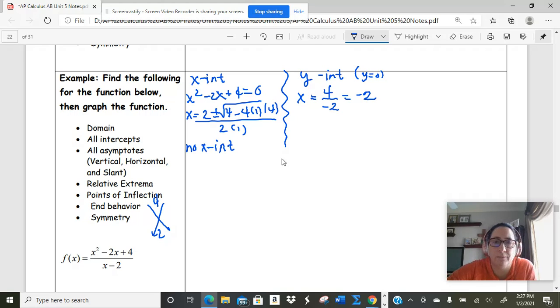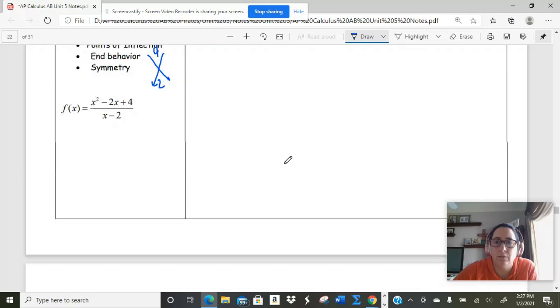Or sorry, I don't know why I just did that. X to be 0, you flip-flop them. So y is going to be -2. So I know that I have (0, -2) for my y-intercept. Well, that's what we know so far when I go graph it.